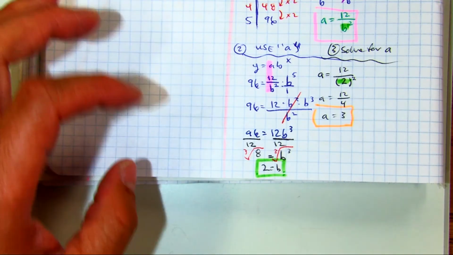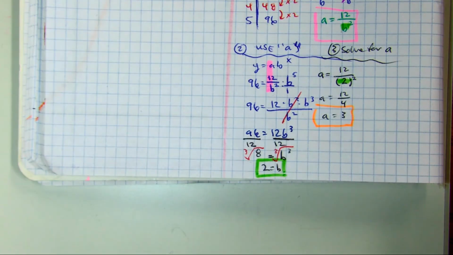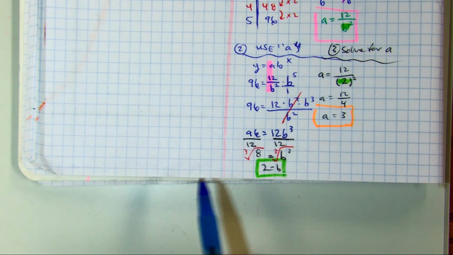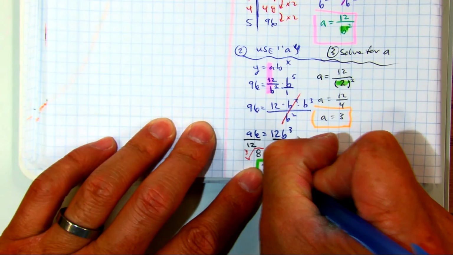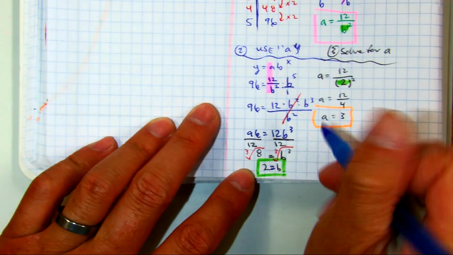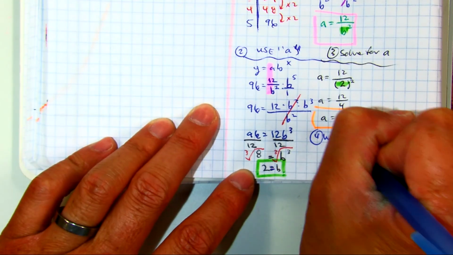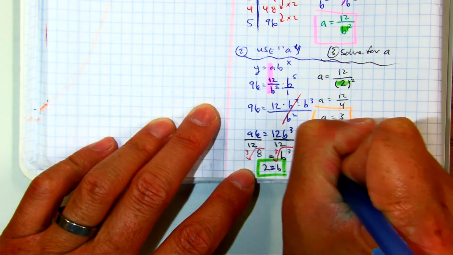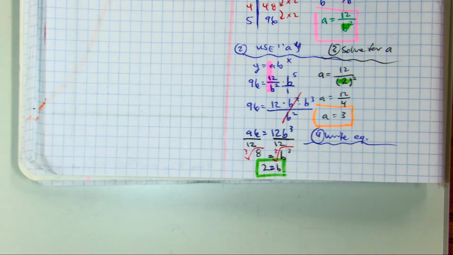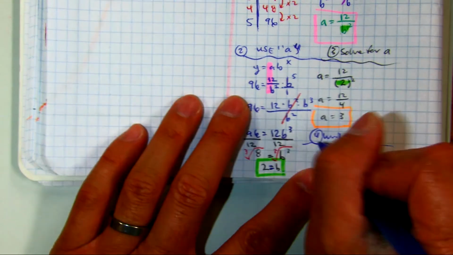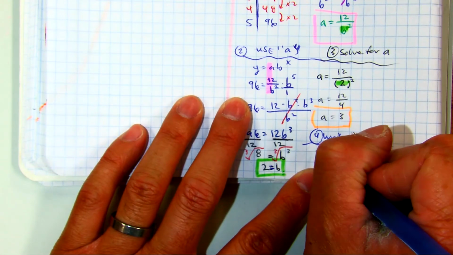Does it say 2 equals B or 2 minus B? This one? Yeah. 2 equals. And then we're just going to write our equation. Write equation. Help us write an equation. What is the exponential function?